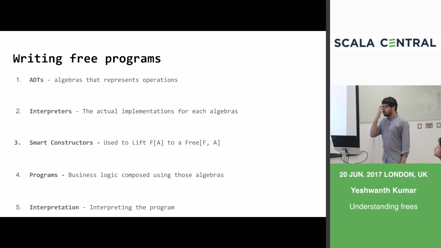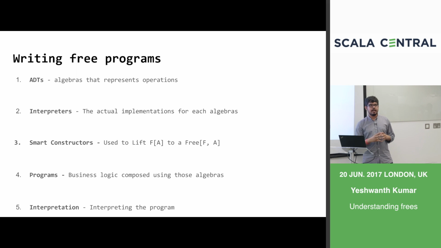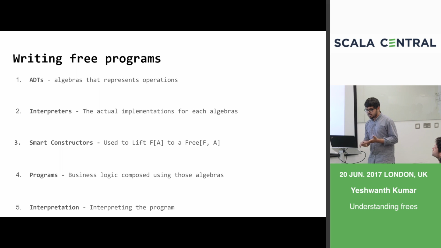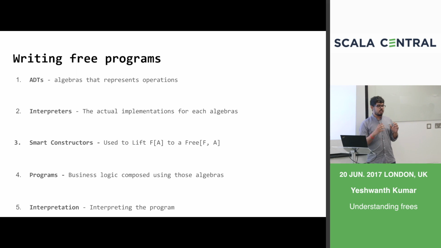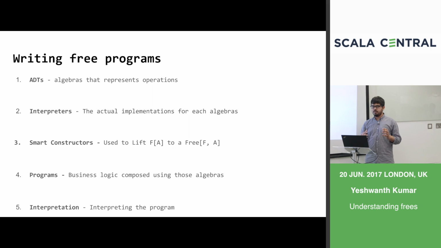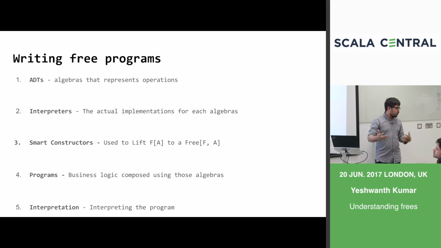Let's move forward into writing free programs. It's quite easy. To start with, there are 5 major parts. One is, like I said, you have certain operations, like in a typical HTTP API get, put, or if you're doing a key-value store, put, get, whatever it is.